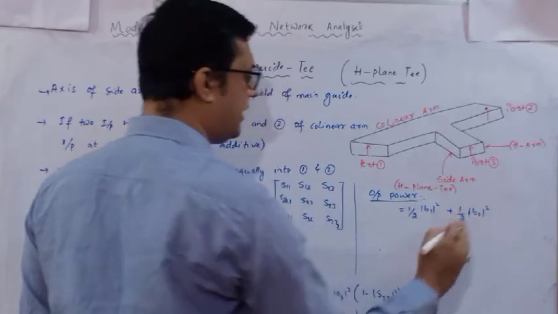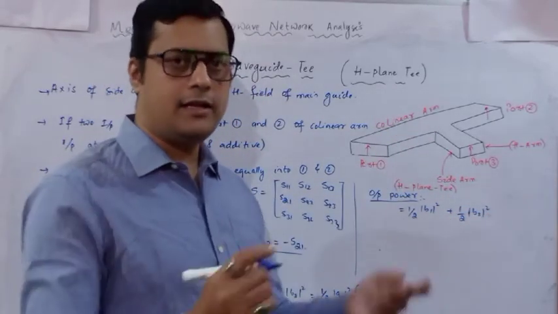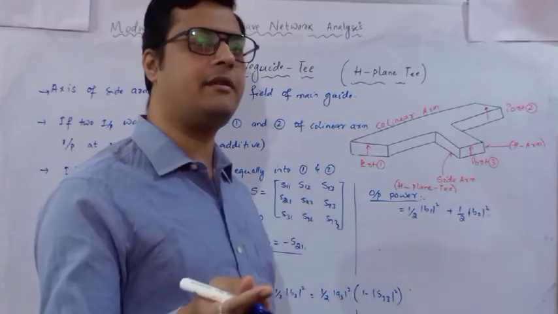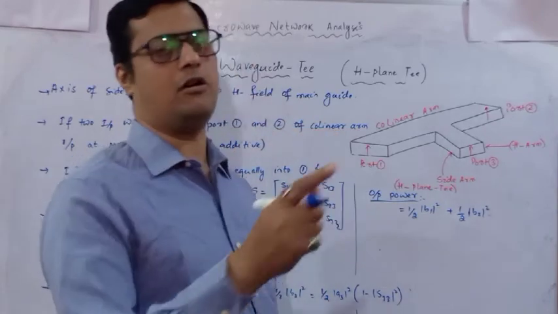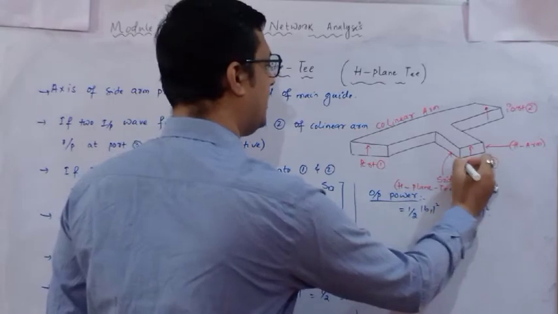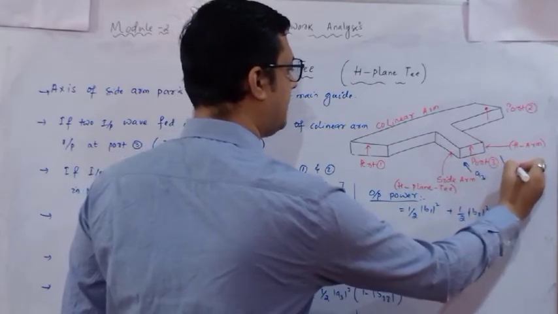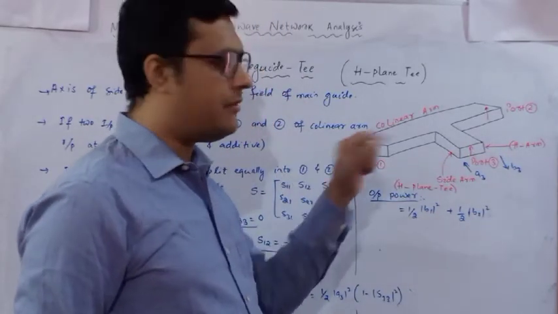Now why have we considered B1 and B2? Because these two ports only receive the power. No input power is provided. An incident wave means we have to represent A1 or B1 or A2 or B2. If I am feeding the power at port 3, that means my incident power is A3 and the reflected power is B3. Only when I am providing the power at port 3.